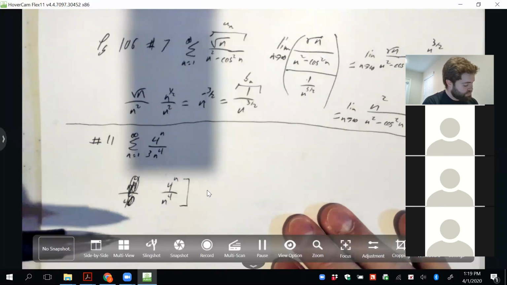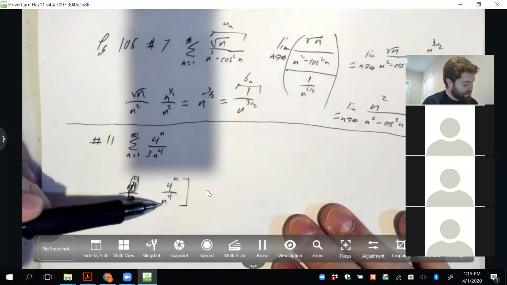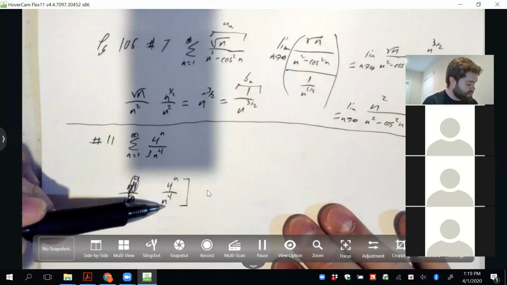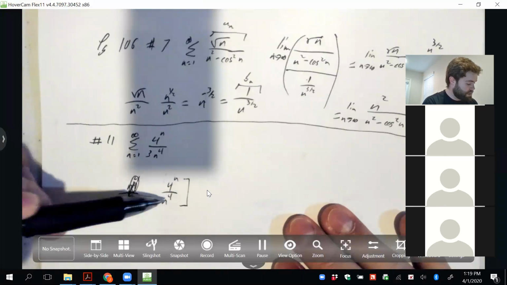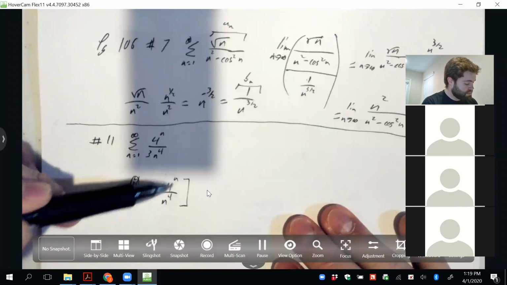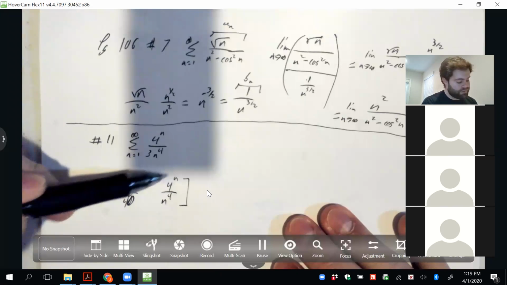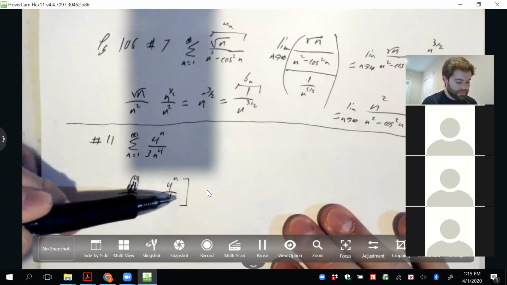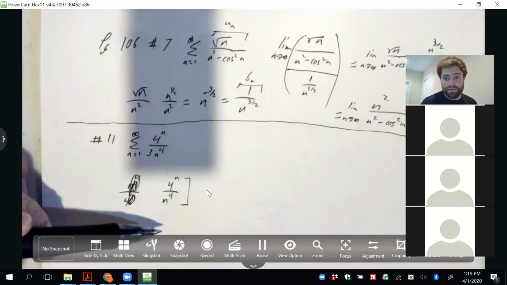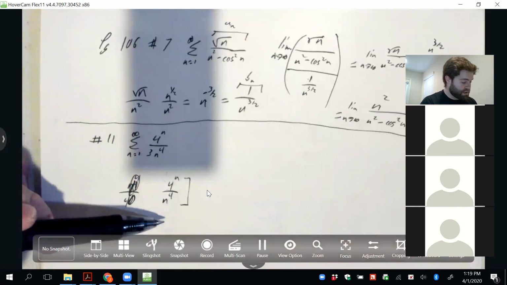1 over n to the 4th would be a convergent p series because that power is bigger than 1. But 4 to the n would be divergent. So there's not a good reason for why this is divergent, at least I don't currently have one for you.